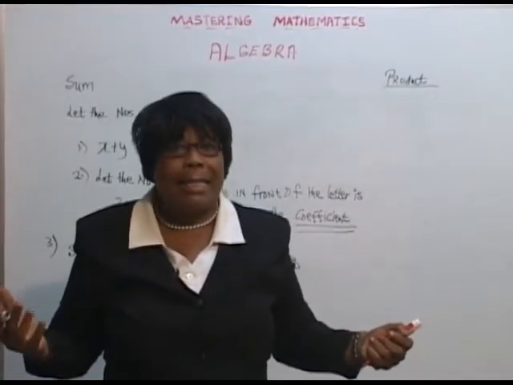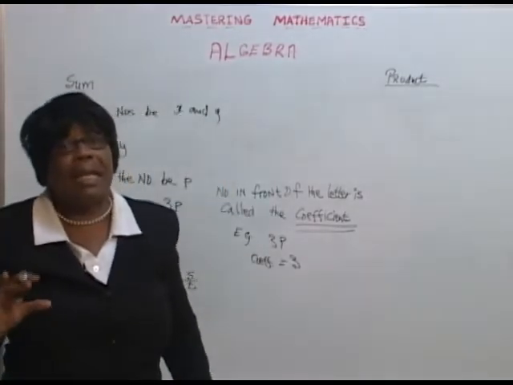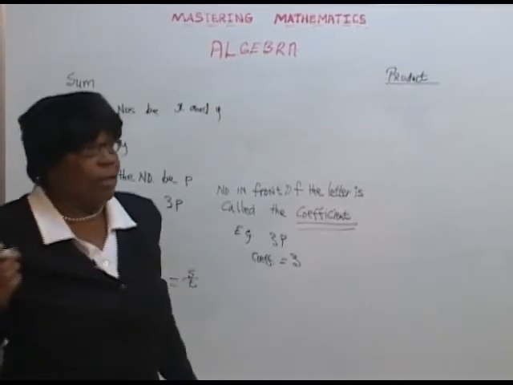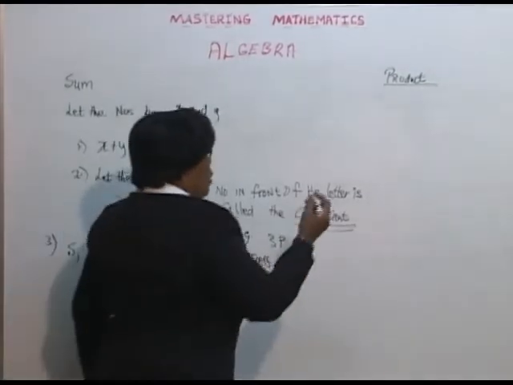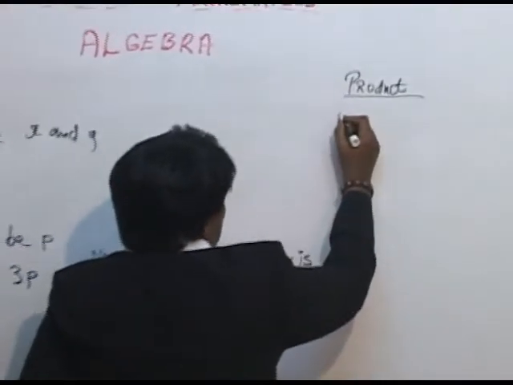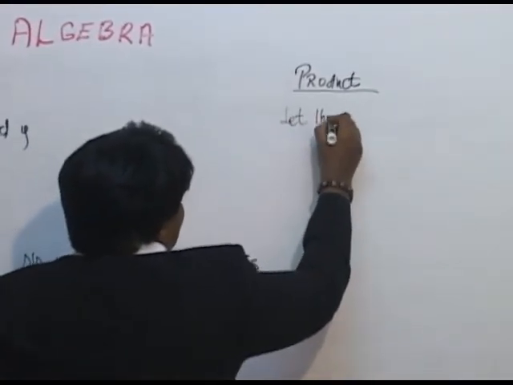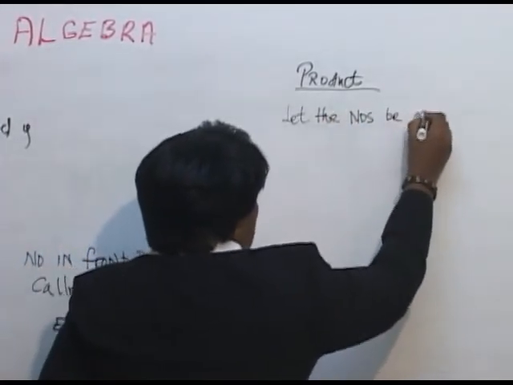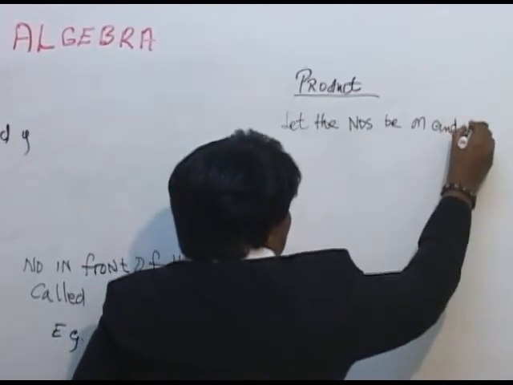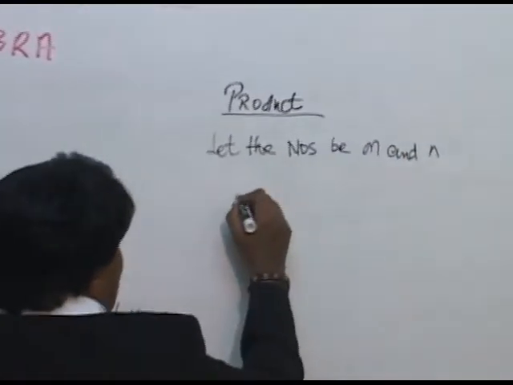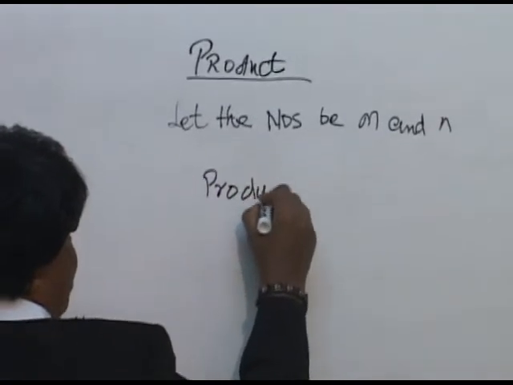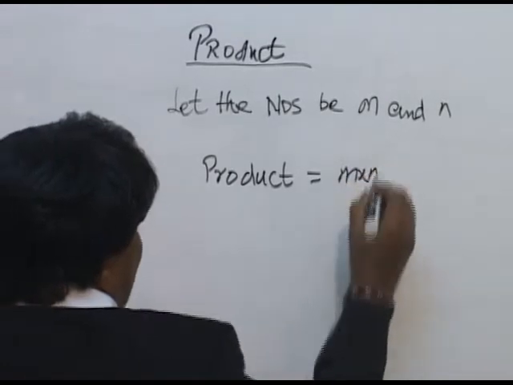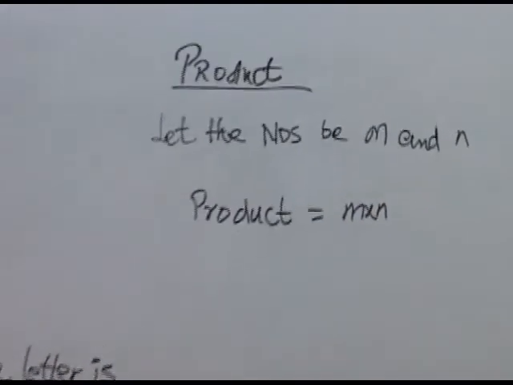Yes, we are indeed multiplying. This time they did not say 12 times 11. They asked us to find the product of two numbers. So the first thing we're going to look at, if we let the numbers be M and N, is that our product would be equal to M multiplied by N. And of course, in algebra, we are very neat.